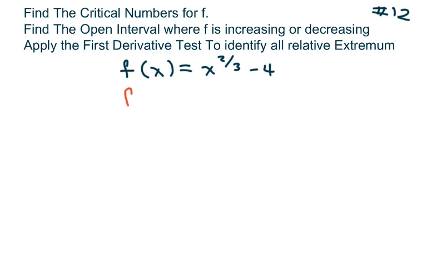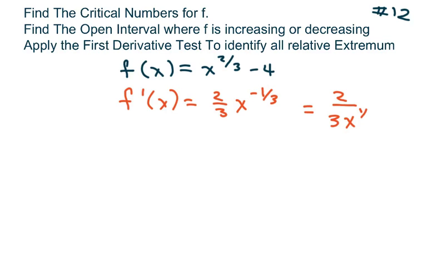So when I take the derivative of this, I'm going to get 2/3 x to the -1/3, and this is going to equal 2 over 3x to the 1/3. Basically, we have a discontinuity at x equals 0.